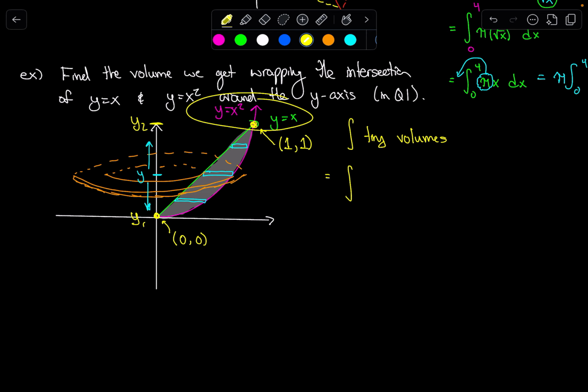And we know it's going to be the same no matter which graph we use because it's a point of intersection. So already we have our y bounds being y is 0 to y is 1. It just so happens that they're the exact same values as we got for the x bounds.